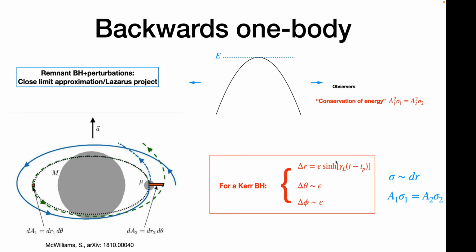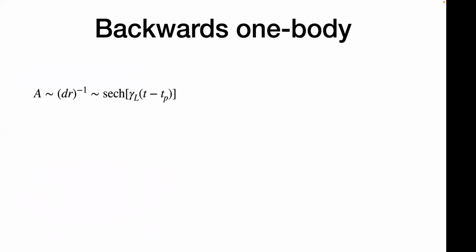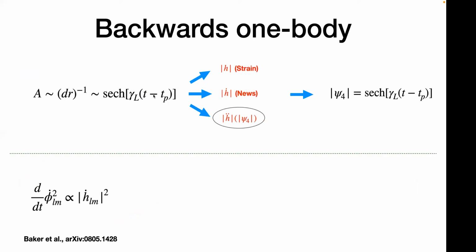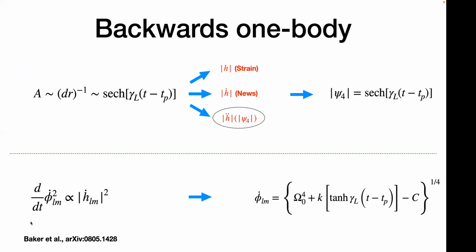Then he conjectures that A sigma is conserved, so he can derive A as 1 over sinh, which is this search function. And the phase cannot be determined? Well, the phase part cannot be determined, and it comes from this relation. I see.